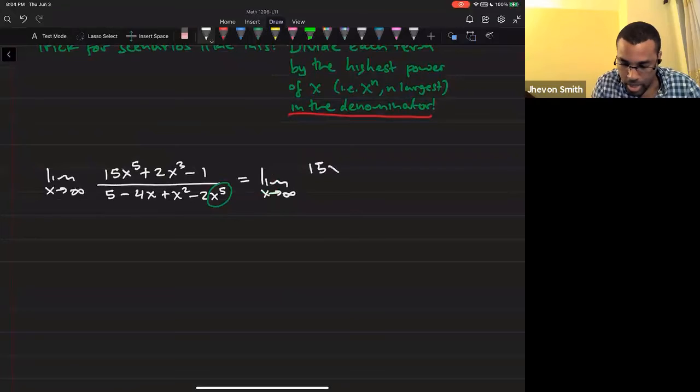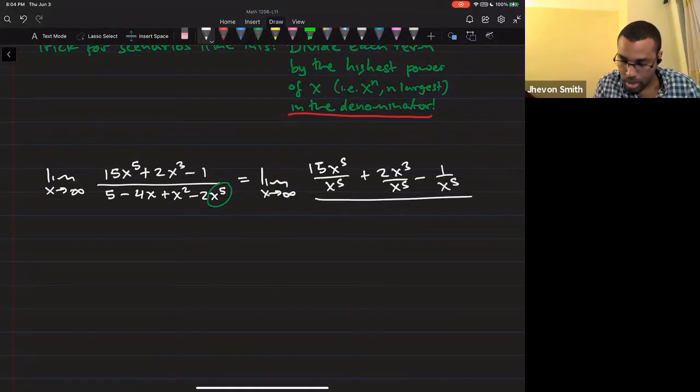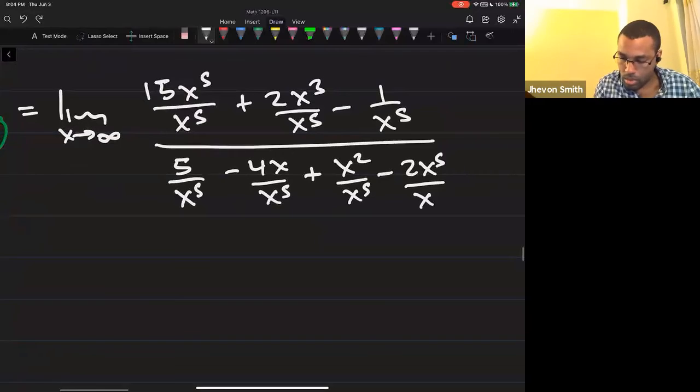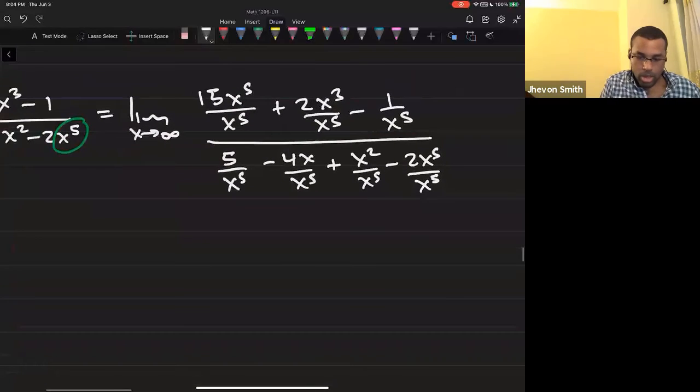So I'm going to take 15x to the 5th over x to the 5th plus 2x cubed over x to the 5th minus 1 over x to the 5th, over 5 over x to the 5th minus 4x over x to the 5th plus x squared over x to the 5th minus 2x to the 5th over x to the 5th. And things are going to clean up here.